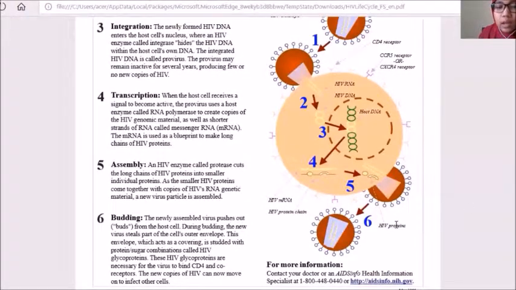During the budding, the newly assembled virus pushes out and forms a bud, and the virus still takes part of the outer envelope, and when it is ready, it will bud out from the cell.